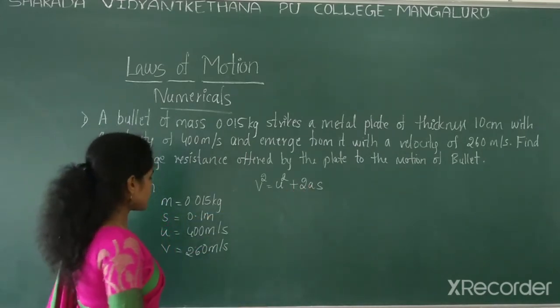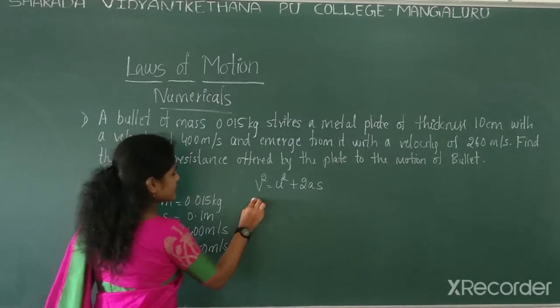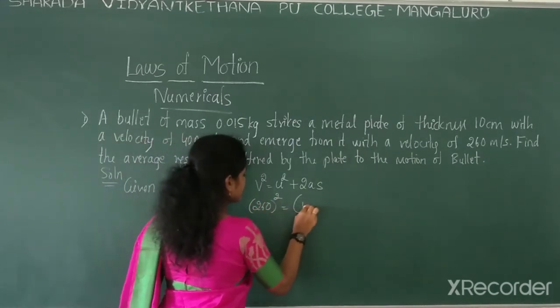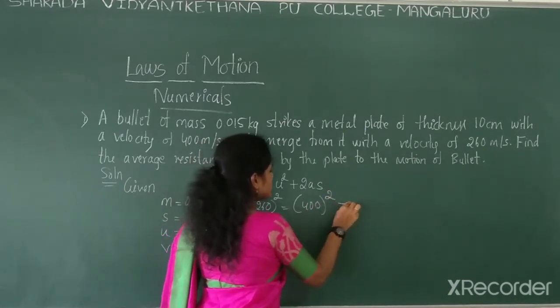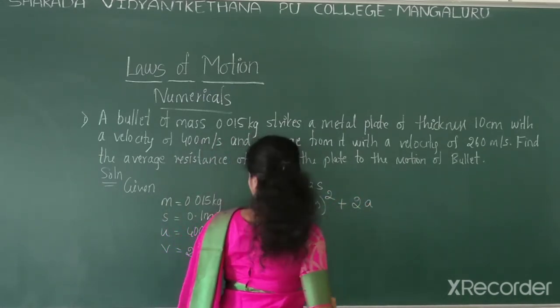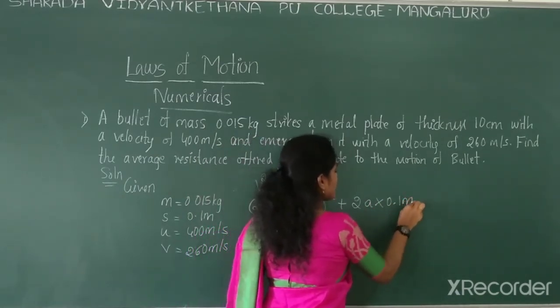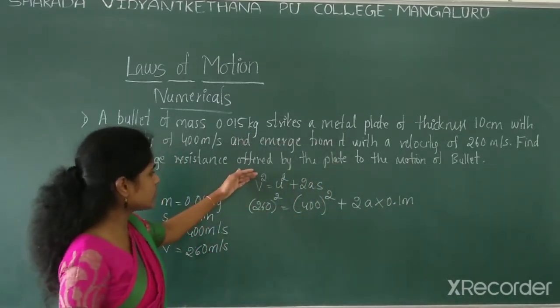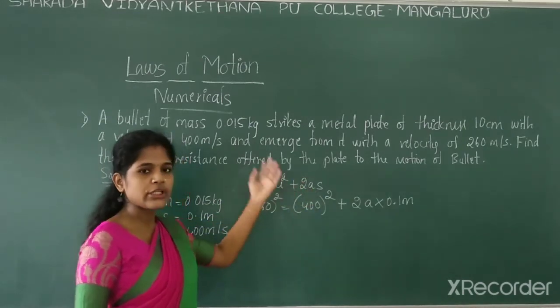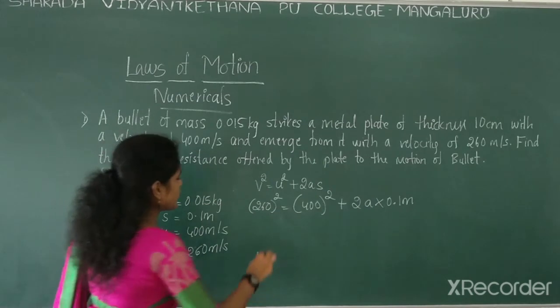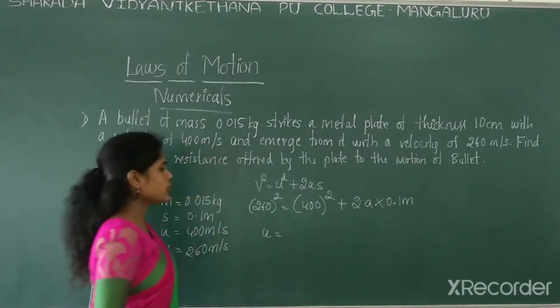So substitute the initial velocity plus 2A into S, which is 0.1 meter. Or you can rearrange the equation first, then substitute the values. After the calculation, you will get the answer.